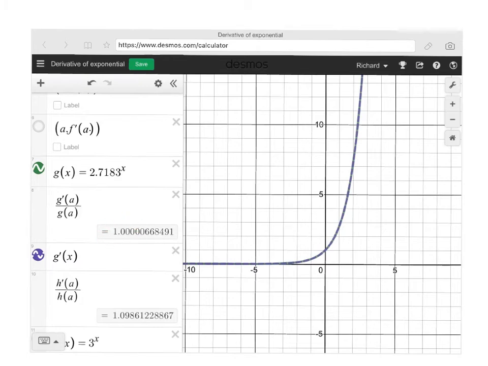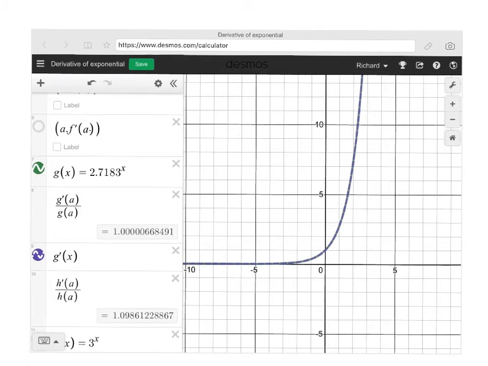So if the derivative divided by the original function is 1, when you divide something and you get an answer of 1, what has to be true about the numerator and the denominator? That's right, they have to be equal. Okay, so g prime of a over g of a is 1.